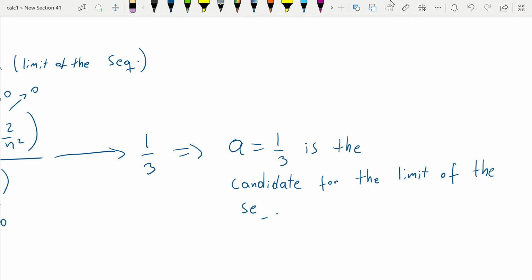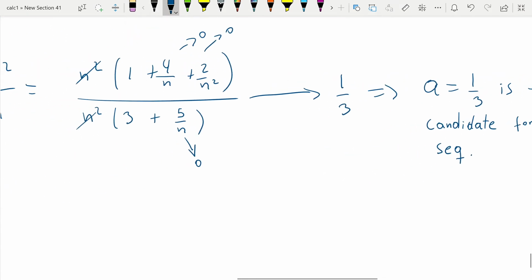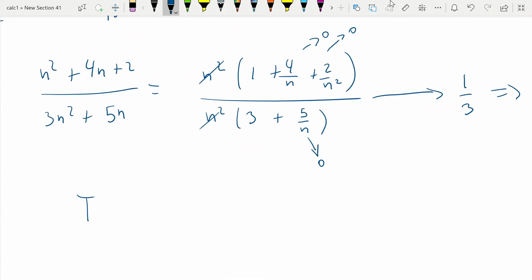And now that we have a candidate, again, a piece of warning here, this is not a proof. This is a formal argument.